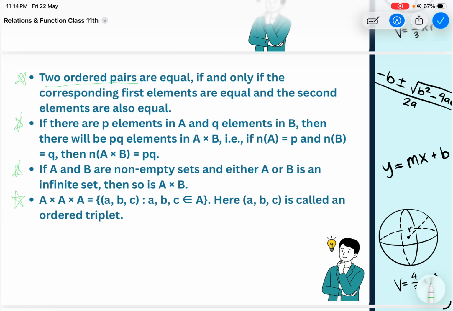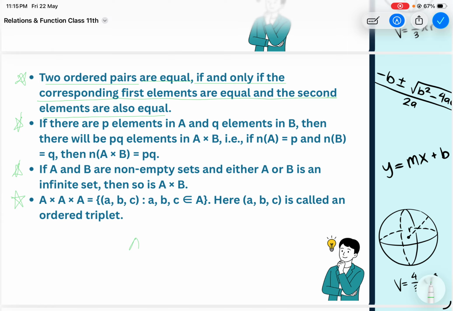So two ordered pairs, right? Two ordered pairs will be equal if and only if the corresponding first elements are equal and the second elements are also equal.